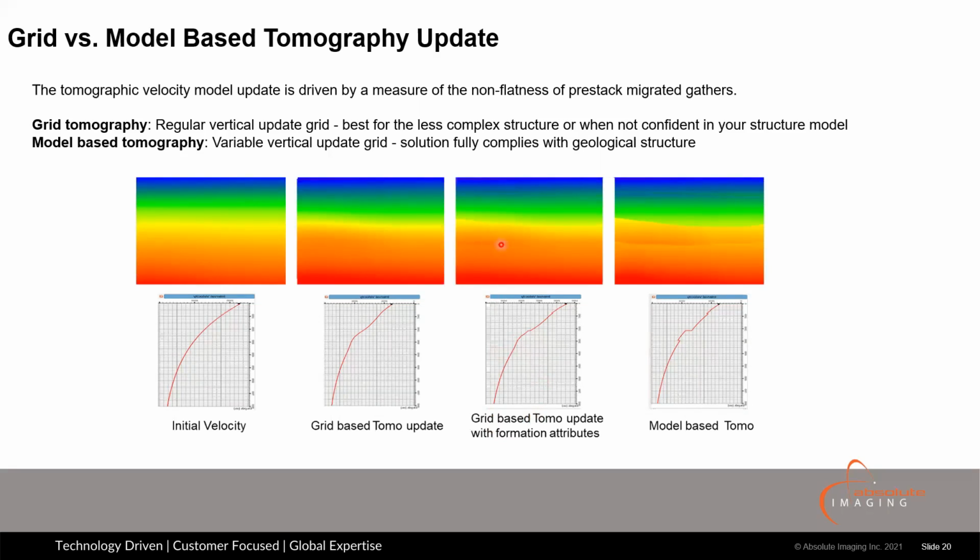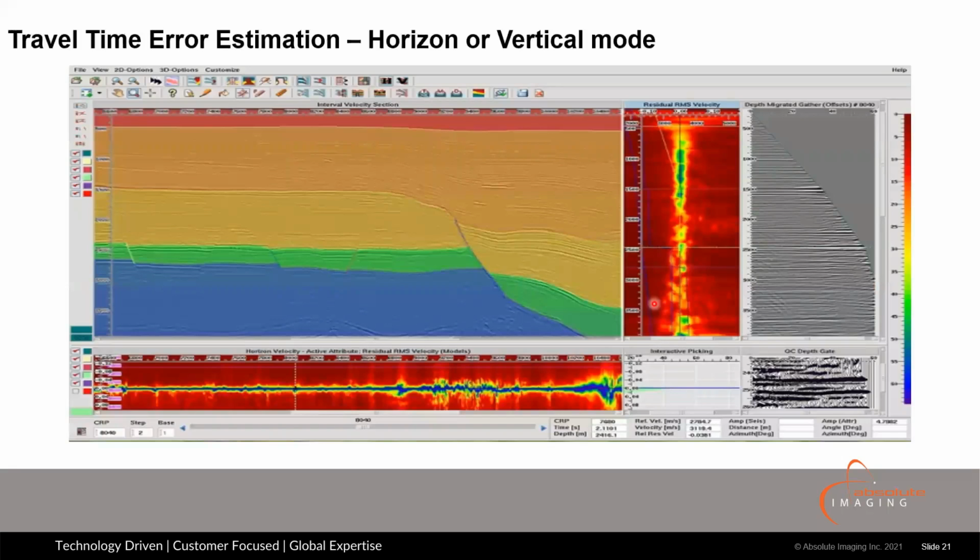So now when you're doing just the model based, it's really impacting, because you're imposing your model into this. So this is the kind of solution you should be expecting, and obviously in our processing workflow we combine all of those.